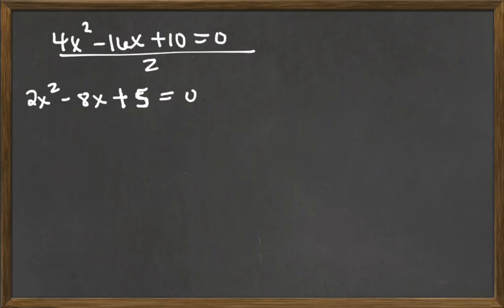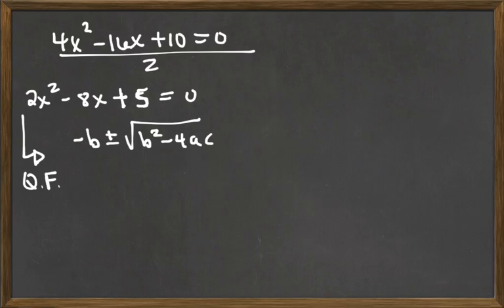So it doesn't factor, or at least I can't see initially that it factors, so I will use the quadratic formula. Remember what it is: negative b plus or minus the square root of b squared minus 4ac all over 2a, where this 2 is my a, this minus 8 is my b, and this 5 is my c.